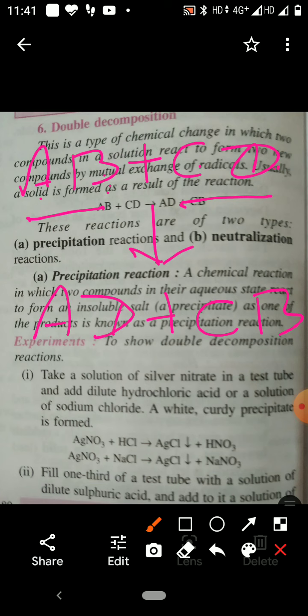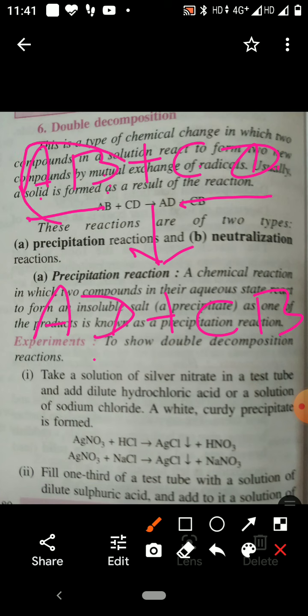Therefore, products are AD and BC. So this reaction is a double decomposition reaction. In this reaction, you see both reactants are decomposed. Both reactants are what?